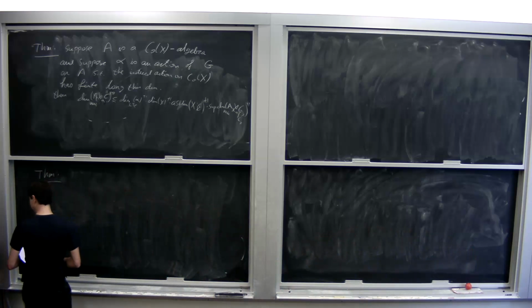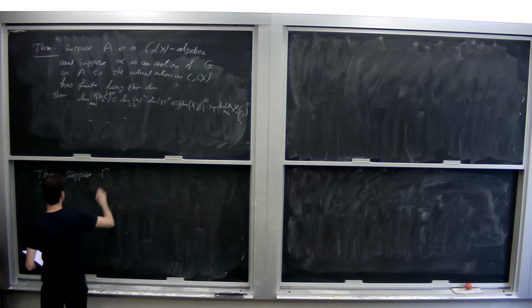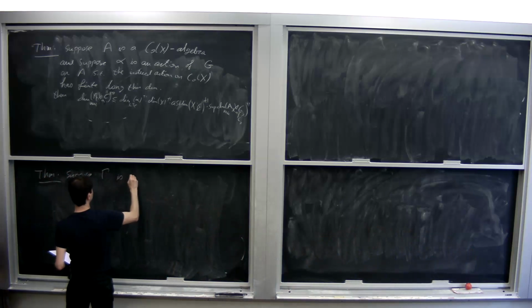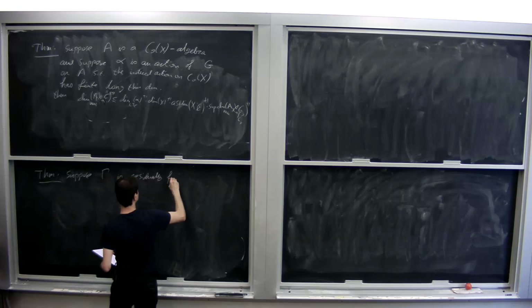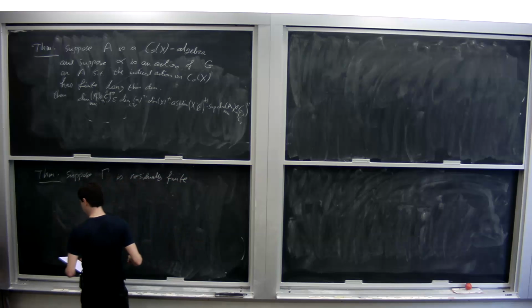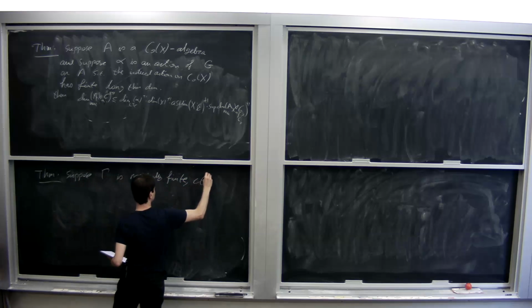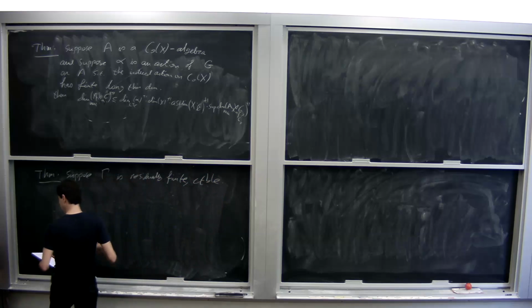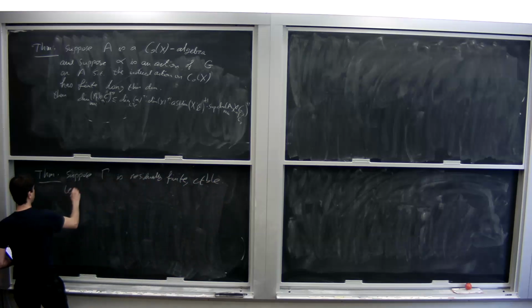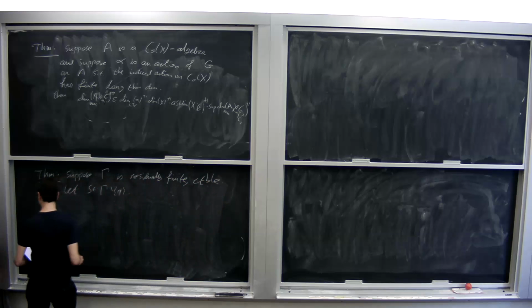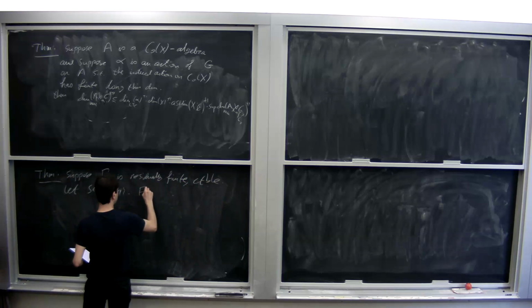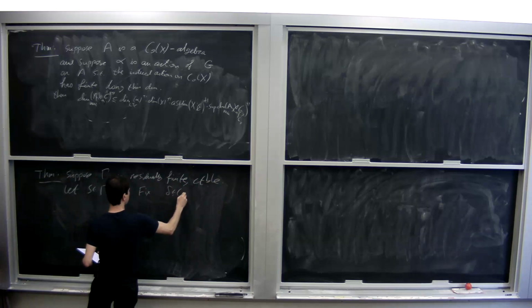So suppose gamma is residually finite and countable. And let S be some non-trivial group element, and fix some delta between 0 and 1.